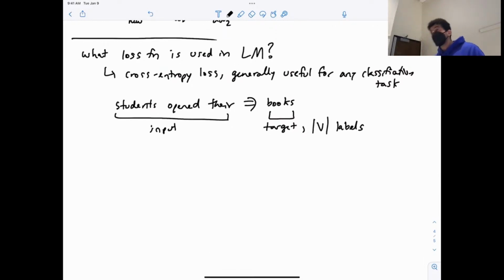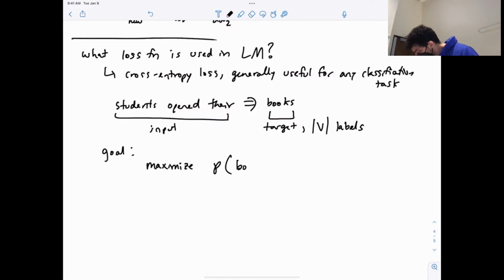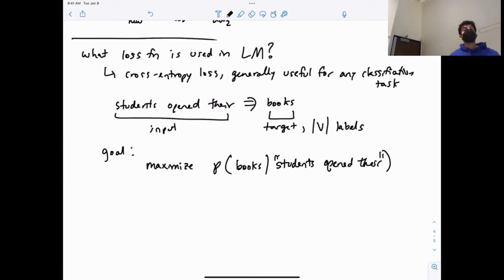Okay, so recall in language modeling, our goal is to maximize this conditional probability, the probability of books given students opened there. So if "students opened there" occurred in our data, we want to maximize this probability, right? That should be our goal.